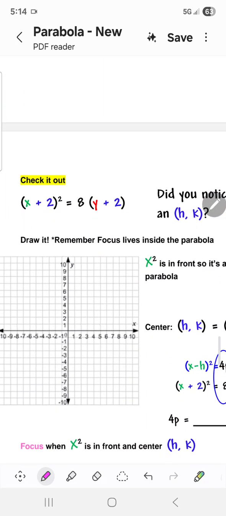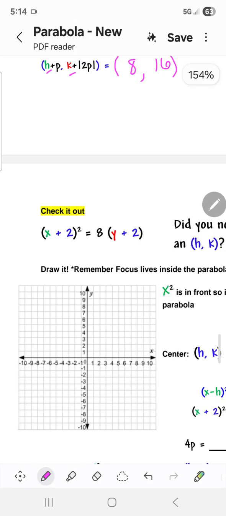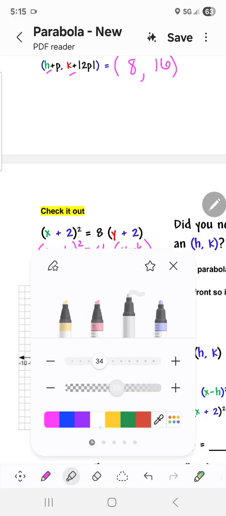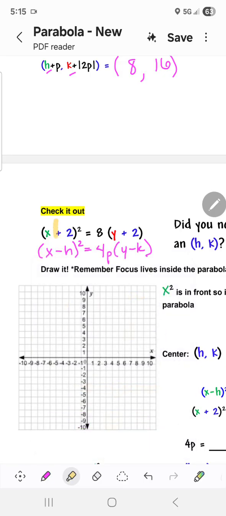Let's take a look at another one. Take a look at this one. And again, the very first thing you're going to do is write out the general form of your parabola underneath. This helps you with signs, it helps you with lining up things, and it helps you to see if you have a value for h and k. Here I do. Remember, when you are working on this, basically you take the opposite of the value you see.